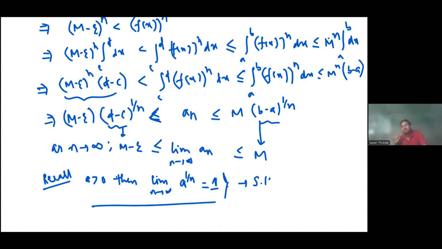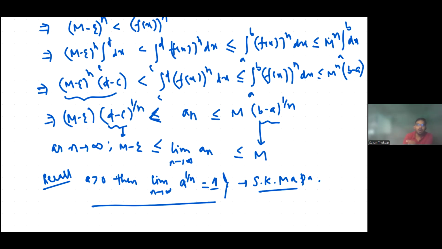I am just giving the proof verbally. If a is greater than 0, we take three cases: a equal to 1, a greater than 1, and a less than 1. When a equals 1, it is trivial. When a is greater than 1, take a to the 1 by n as 1 plus xn, use the binomial expansion, and you will show that the limit is 1. And when a is less than 1, you take 1 over b.